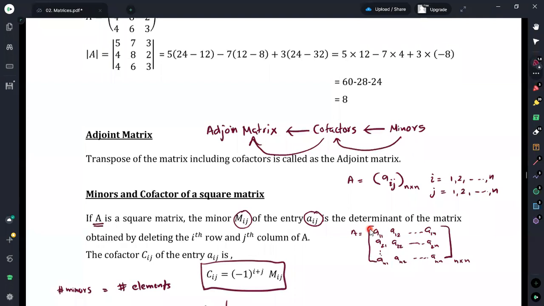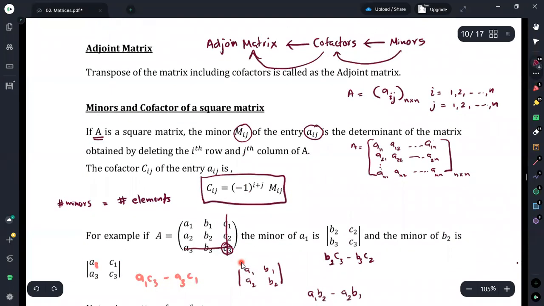Since we have minors, there should be a number of cofactors equal to the number of minors. Therefore, once you name the cofactors as Cij, it will be equal to minus 1 to the power i plus j times Mij, where Mij is the minor that you have identified for the entry Aij.